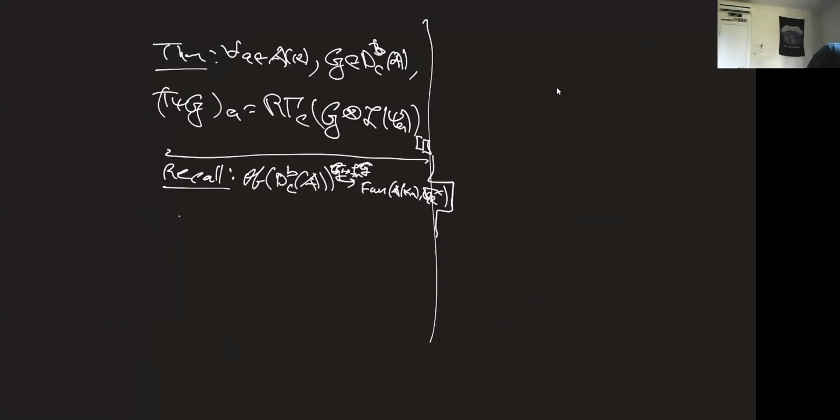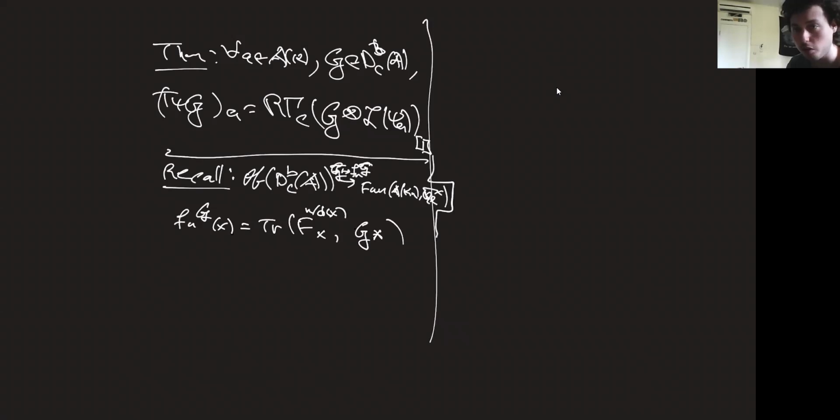That's defined by taking the trace of the correct power of the Frobenius, something like n over the degree of x, on the stalk of G at x. So this is for sheaves. We extend this to complexes in the natural way, or you can just view this as being automatic for complexes if you interpret trace correctly.